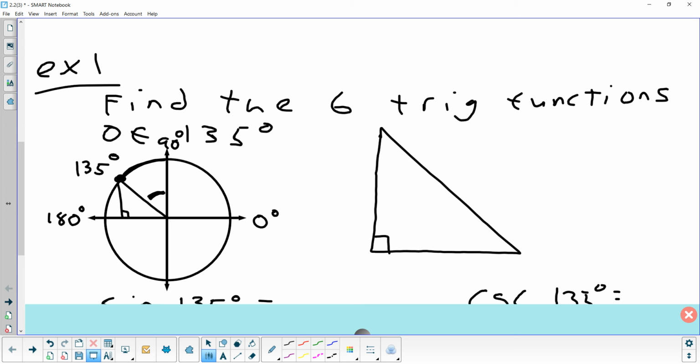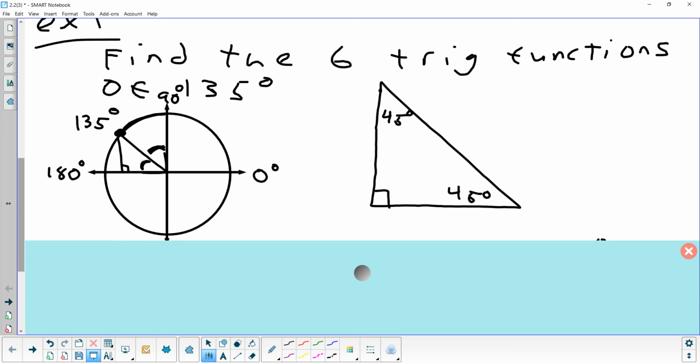Well, if this part's 45, then this part has to be 45 as well, because the quadrant makes a 90. Okay, so that's a 45 degree angle right in the lower right part of the triangle. As all the angles add up to 180, that's 45 degrees at the top as well. And Ben, do you remember in the 45, 45, 90 triangle, each side is the same length.